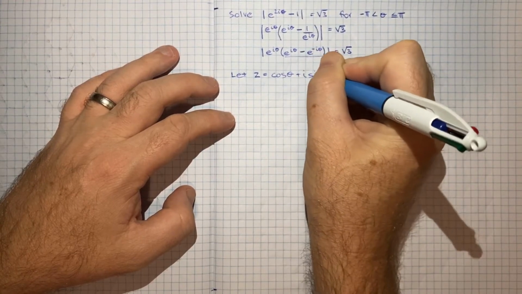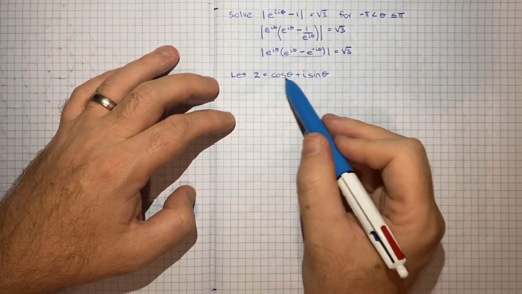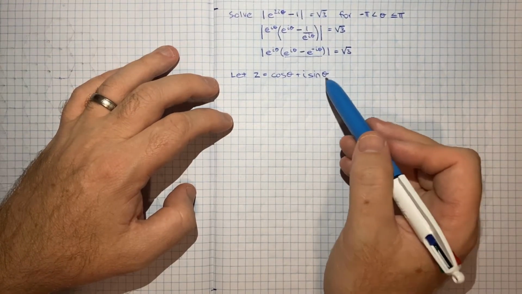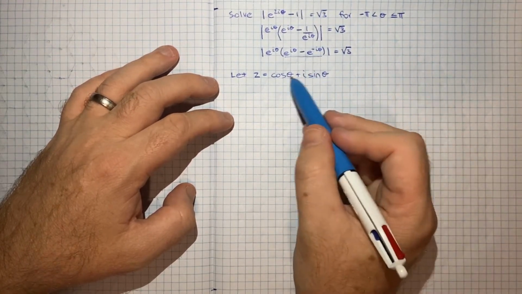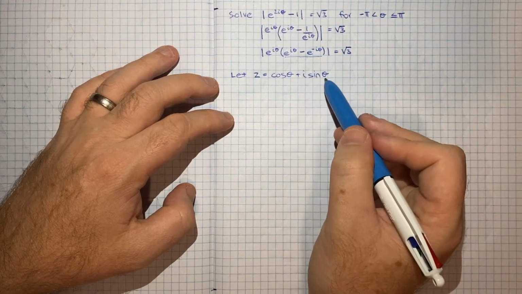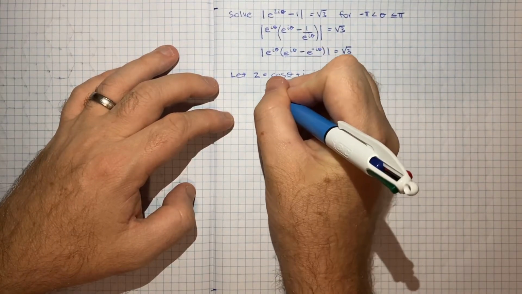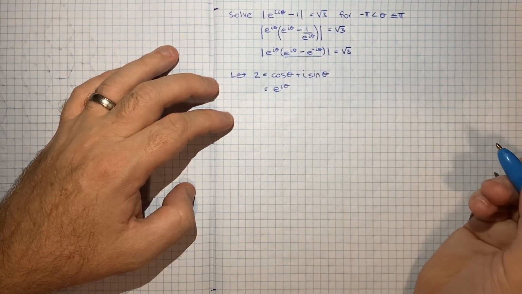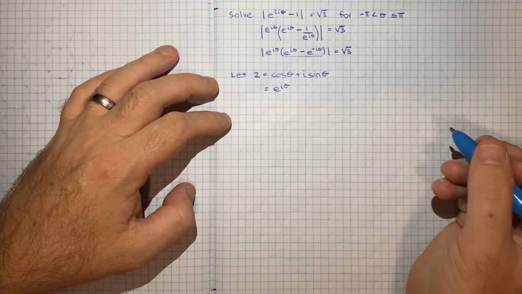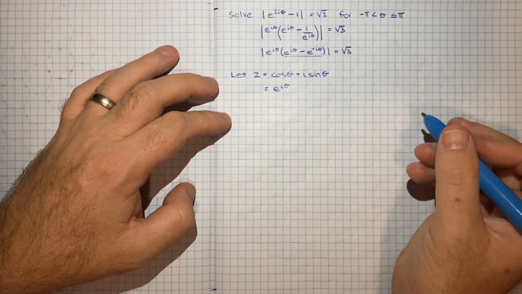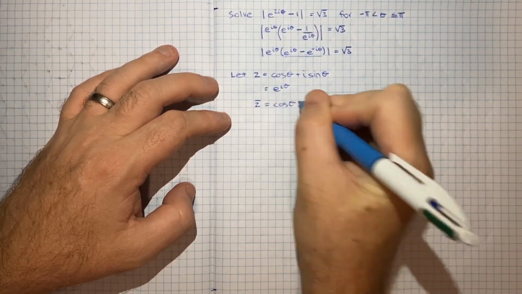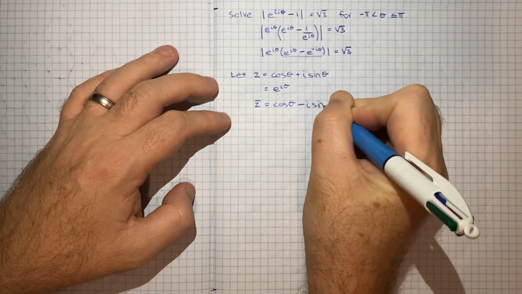That's the basic mod-arg form of a complex number where the modulus is just 1, so this sits on a unit circle. And we know we can also write that in Euler's form, which is e to the i theta. Now if we think about what z bar would be, well, z bar would be cos theta minus i sine theta.